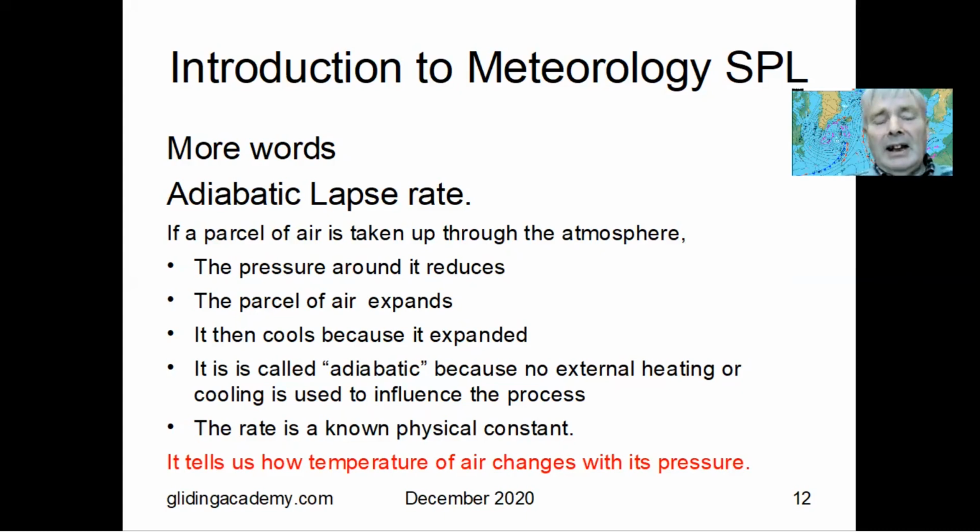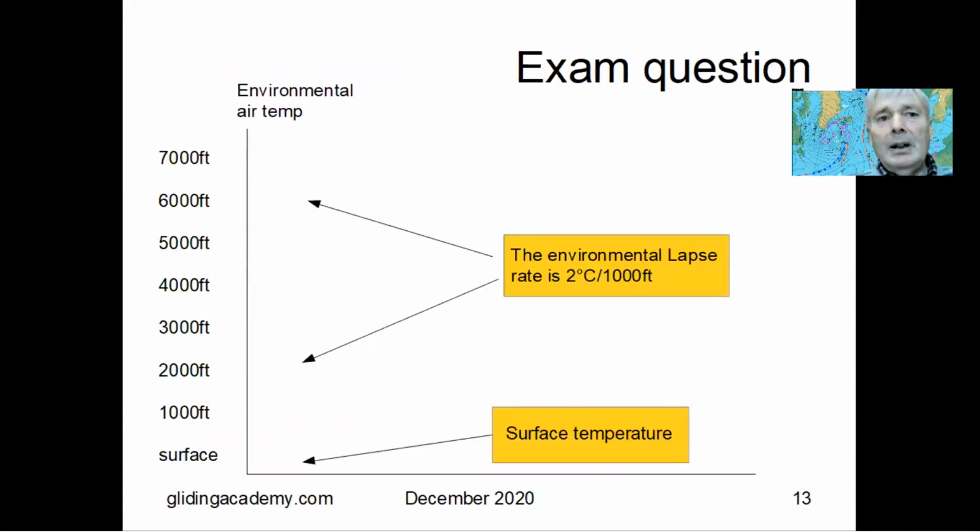Once the parcel of air is completely saturated, a heat exchange goes on and it rises at a different rate, which we'll look at in a minute. So this adiabatic lapse rate simply tells us how the temperature of the air changes with pressure as we go up. Now let's try and draw our exam question out.